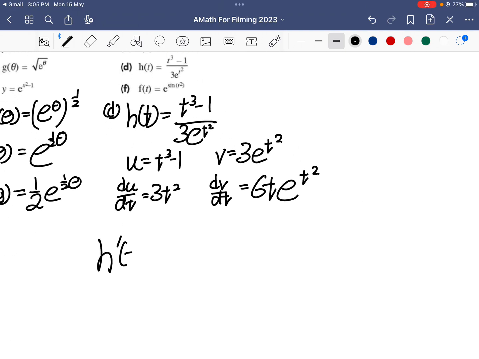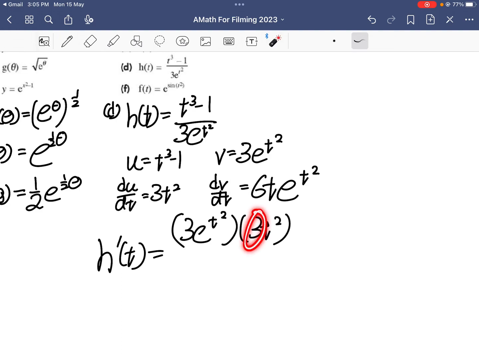Now if I were to apply my quotient rule, v times du dt, which is 3t squared. Be very careful here. This is 3 multiplied by t squared, and this is e to the power of t squared. So you cannot take this t squared and this t squared to give you t to the power of 4. This is the index of e, while this is 3 multiplied by t squared.